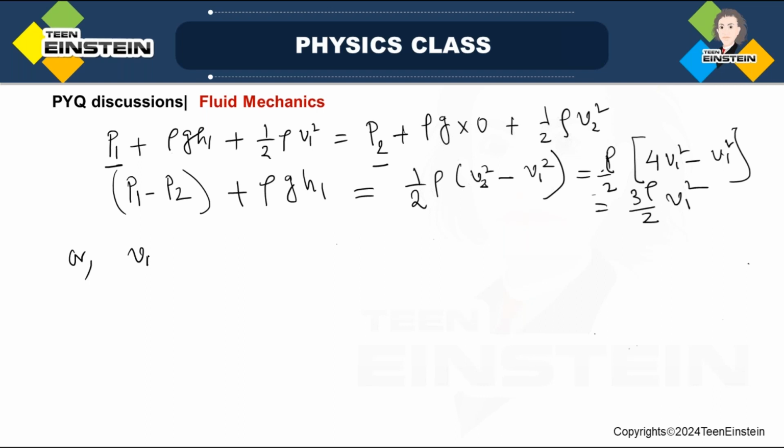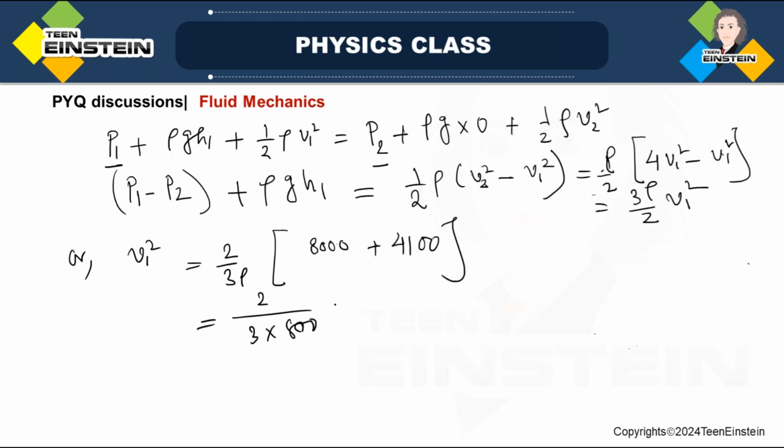So v1 square is equal to 2 by 3 rho, and this is actually 8,000 plus 4100. This much is fine, isn't it? So now 2 by 3 into 800 here. These two guys will actually suit each other.